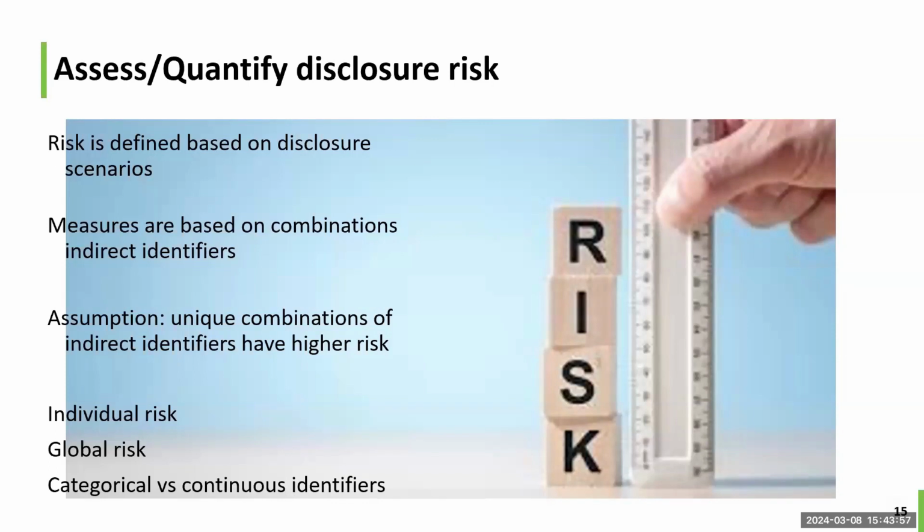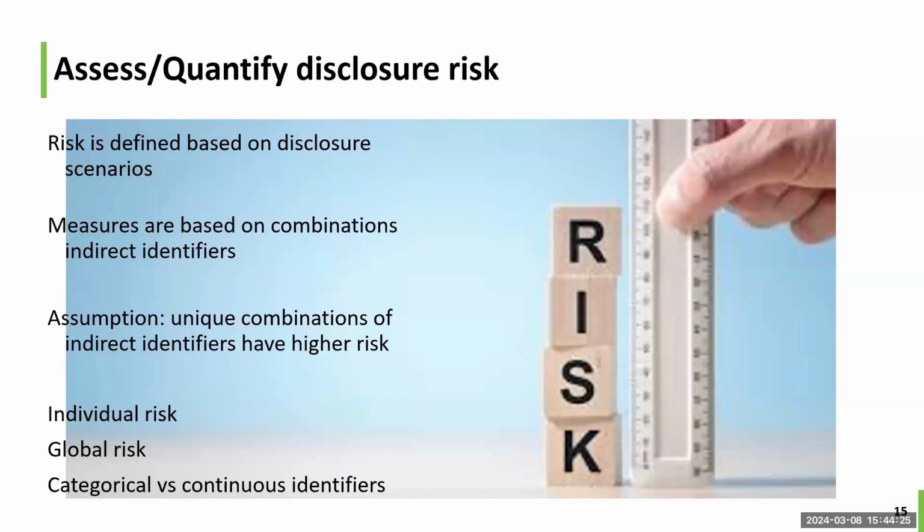And we said that measures for assessing disclosure risk are based on a combination of indirect identifiers. The assumption is that unique combinations of identifiers have higher risk. So we look at the data and see cases where after you bring a couple of indirect identifiers together, you only find one person with that sort of combination.